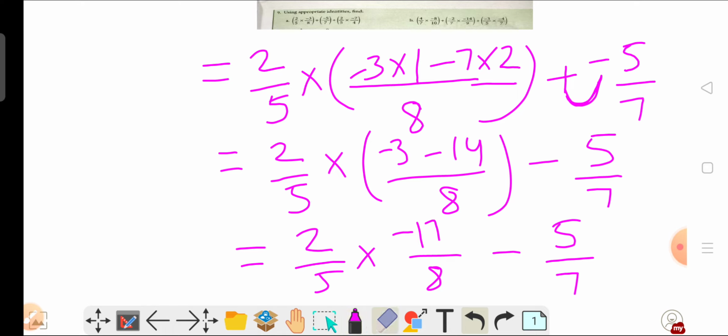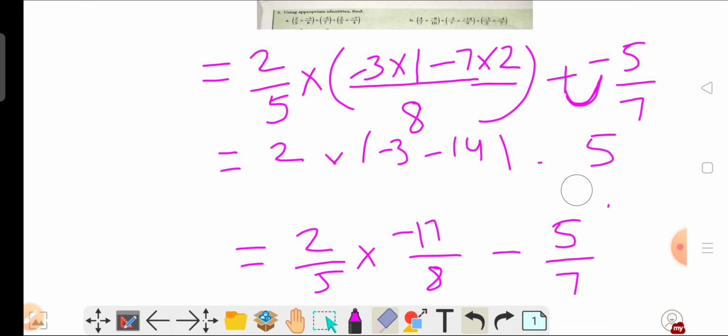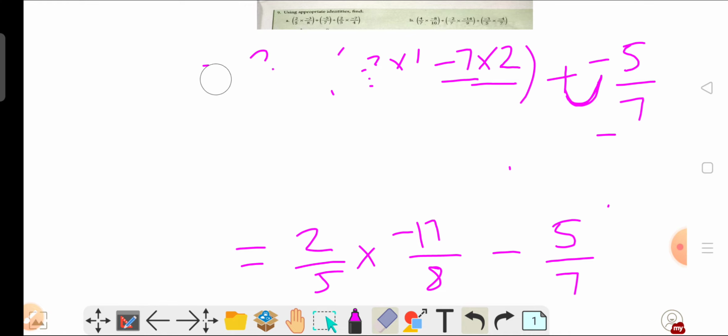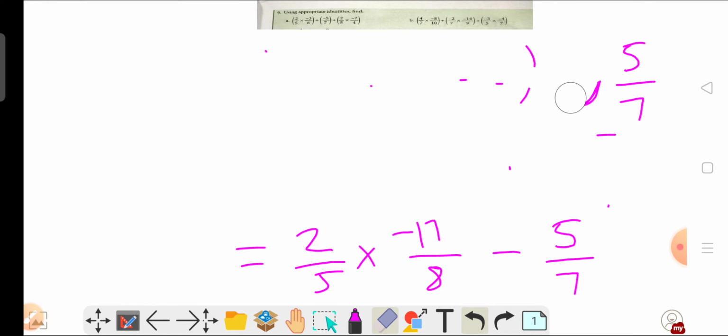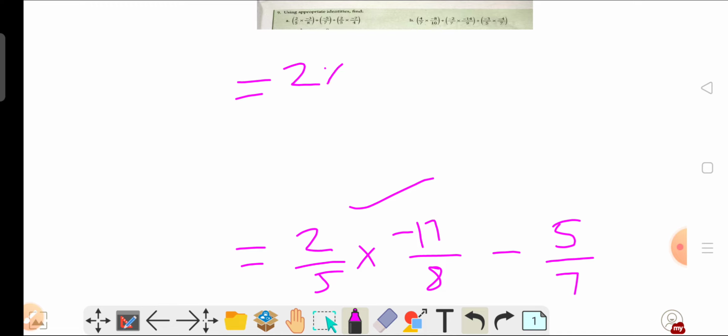So our A part becomes 2 by 5 multiplied by minus 17 by 8 and then minus 5 by 7. According to the BODMAS rule, firstly we have to solve the multiplication. So firstly we solve this part. This is equal to 2 multiplied by minus 17 by 5 multiplied by 8.